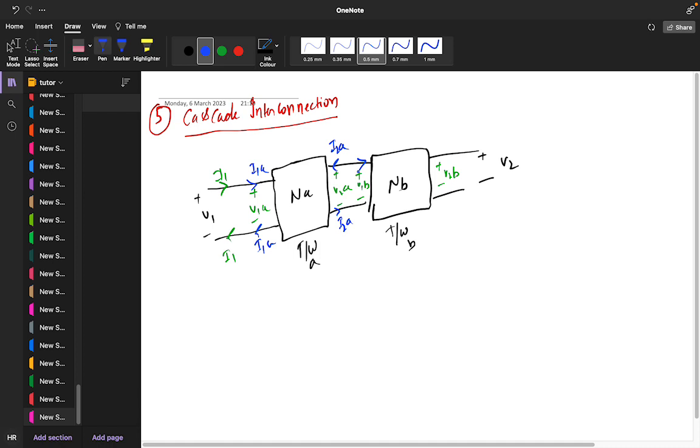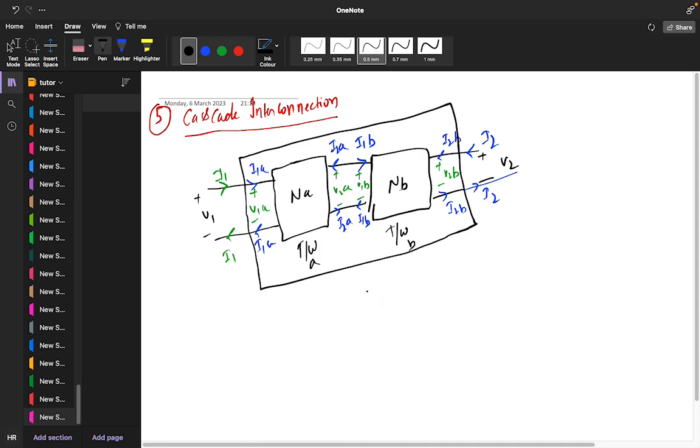Then I1B is coming and I1B is leaving, I2B is coming and I2B is leaving. Here we have I2, and here it's leaving I2. So if we see this as a single network, we have I1, I1, I2, I2, V1, V2.